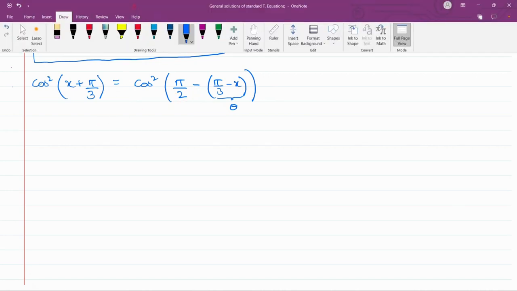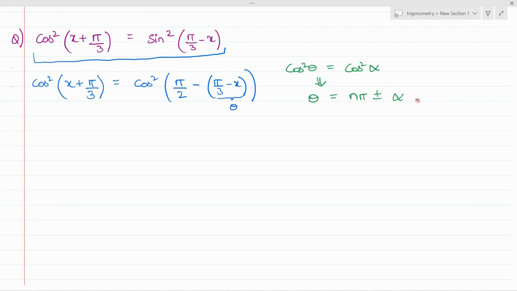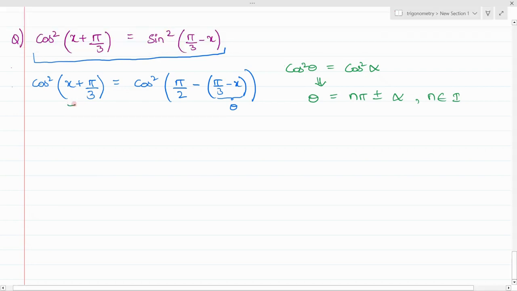So that's the reason we are writing this expression of sine in terms of cos. If we compare with the equation cos square theta is equal to cos square alpha, then the solution will be theta is equal to n pi plus or minus alpha, where n belongs to all the integers. So here this is nothing but theta, and this is nothing but alpha.